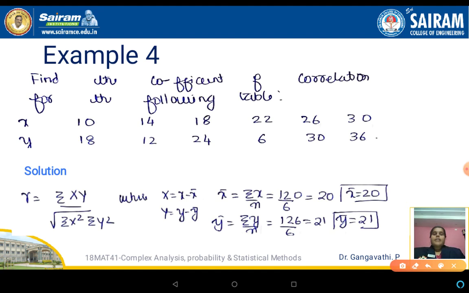Again it asks you to find the coefficient of correlation alone. So you have to write the formula first. The formula for r is summation XY divided by square root of summation X square into summation Y square, where X and Y need to be calculated. The value of x bar is 20 and y bar is 21, and capital X is x minus x bar and capital Y is y minus y bar.